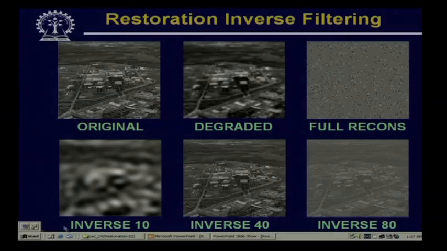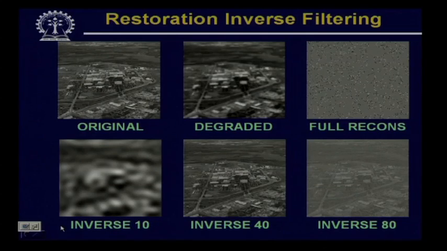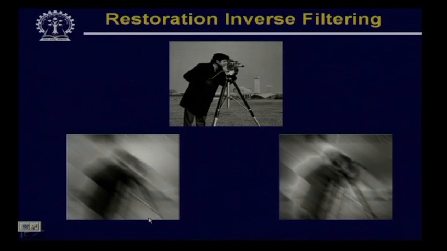Now, though this inverse filtering operation works fine for this turbulence kind of blurring, the blurring introduced by the atmospheric turbulence, this direct inverse filtering does not give good results in case of motion blur. Here we have shown the result of direct inverse filtering in case of motion blur.